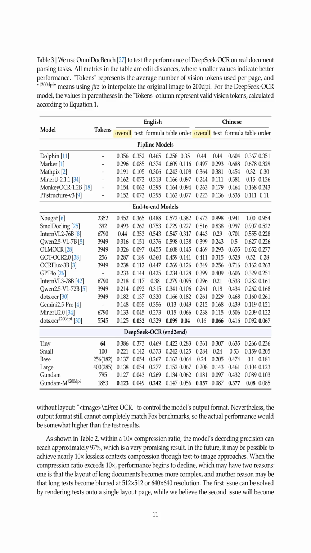Gemini 2.5 Pro, 0.14. MinerU 2.0, 6790 tokens, 0.133, 0.045. dots.ocr at 200 DPI, 5545 tokens, 0.125, 0.032.